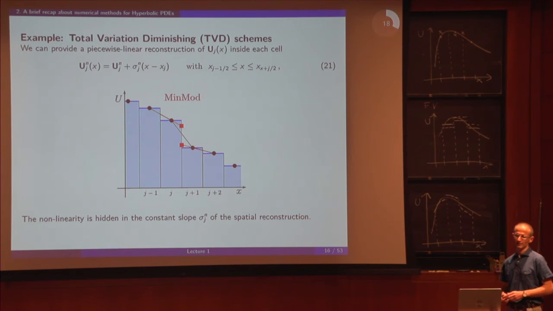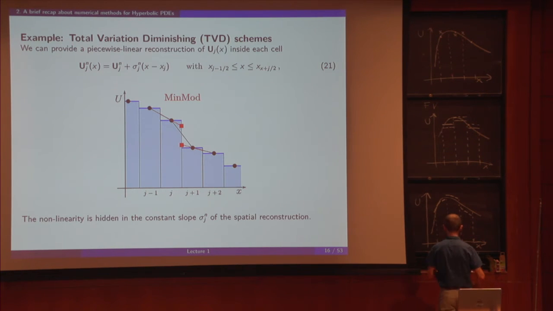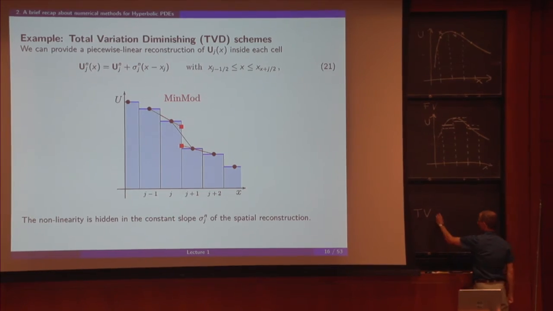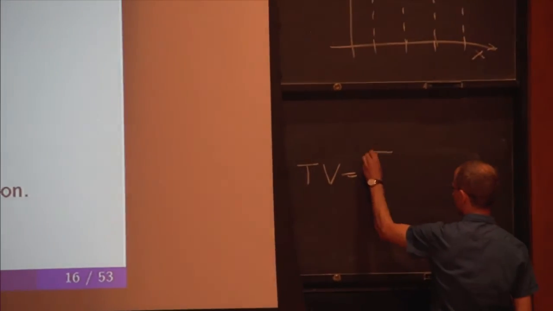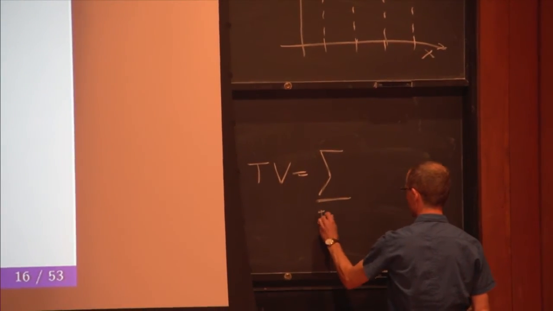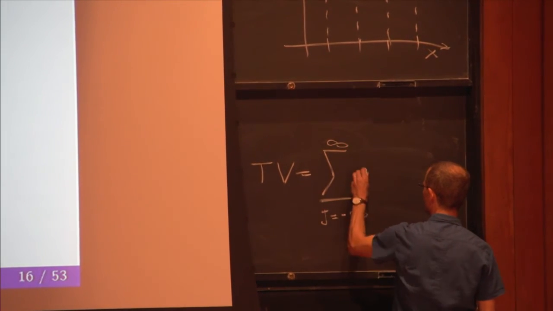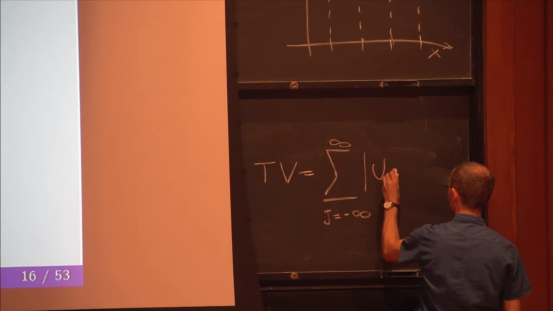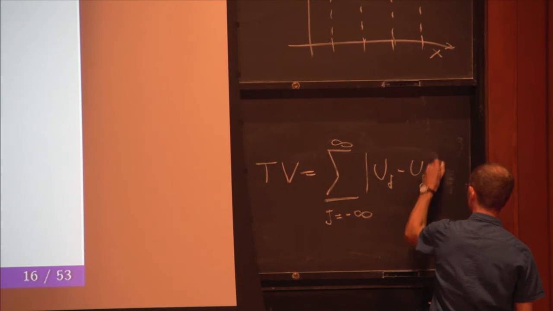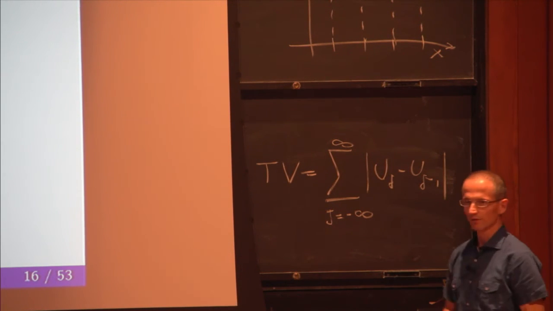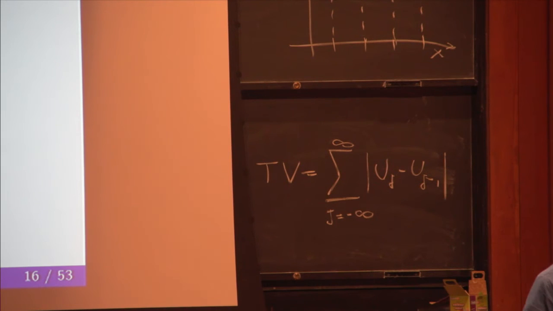You are maybe familiar with total variation diminishing schemes. Just may recall you the definition of them. So the total variation of your numerical scheme will be the summation of these absolute values of the jumps.